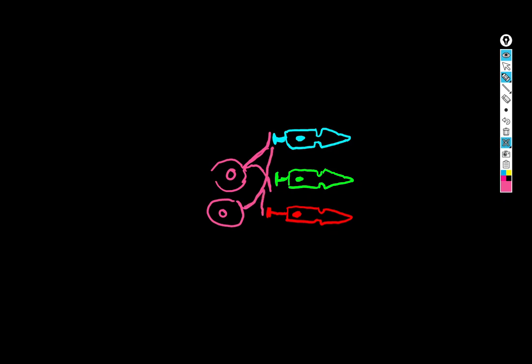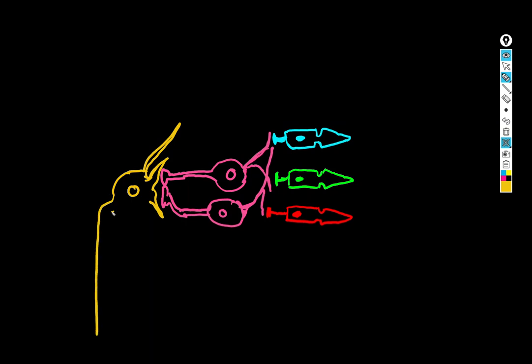The dendrites of the bipolar neurons are linking up to the rods and cones, and then they are sending their input on their axons to a ganglion cell. And the ganglion cell dendrites are innervated by more than one bipolar cell, and then they send out axons that end up exiting via the optic nerve.